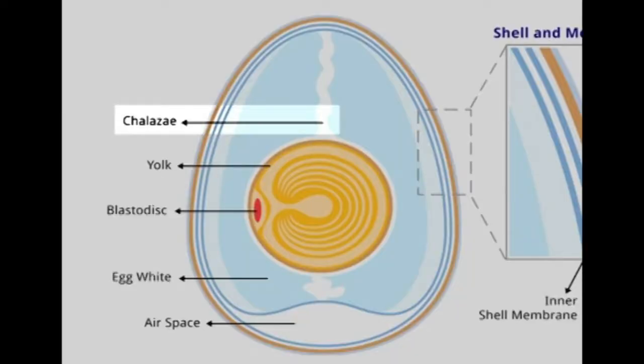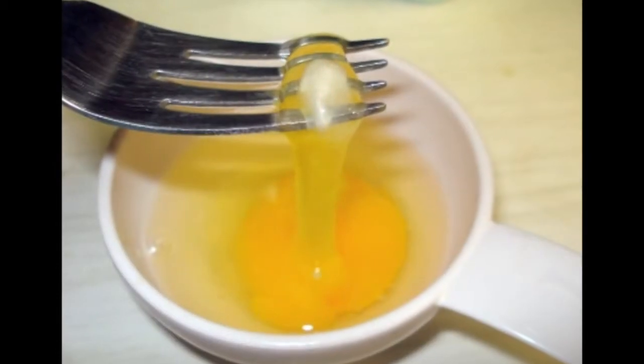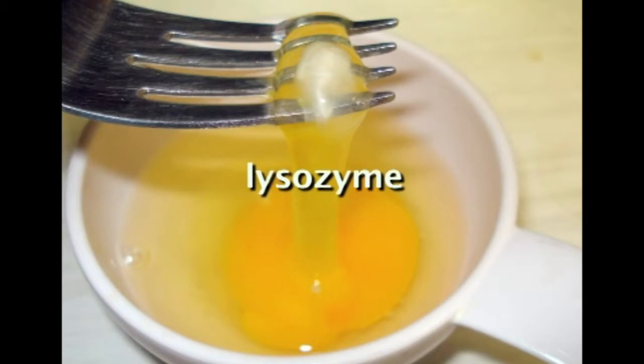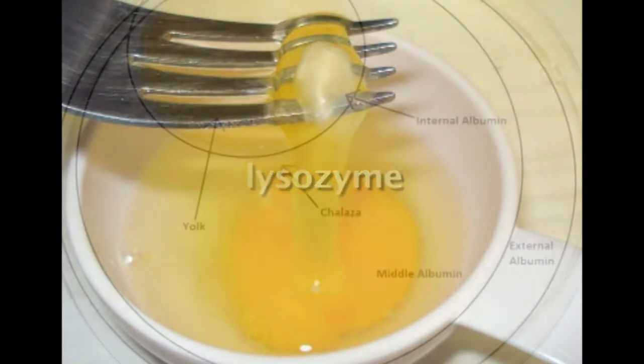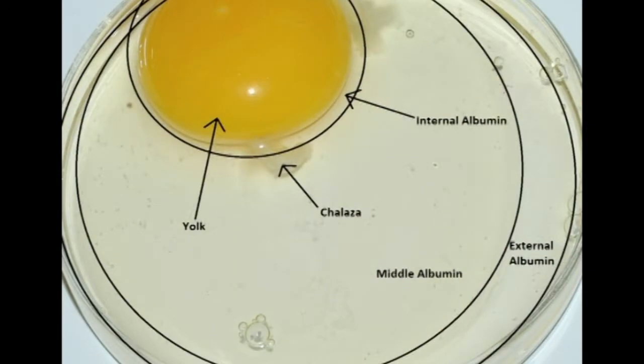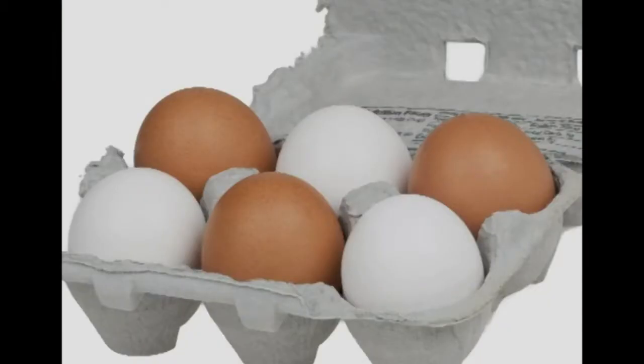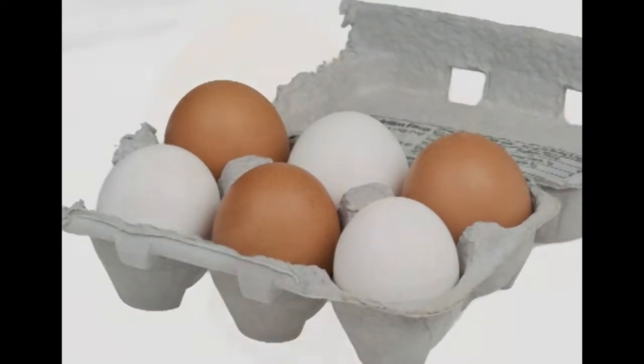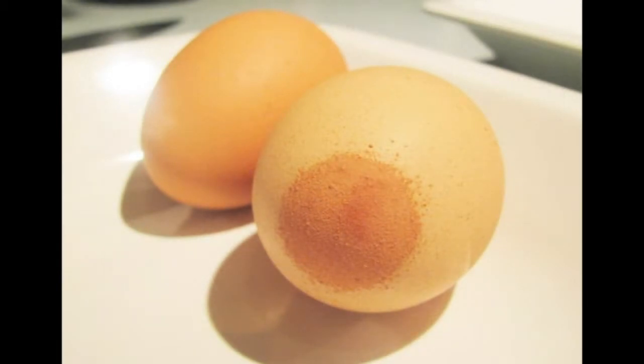Chalazae will hold the yolk firmly in its central position and thus serve as an anchor to the yolk. The chalazae are believed to contain a protein called lysozyme, which possesses antimicrobial properties and helps to prevent the microbial spoilage of the egg.